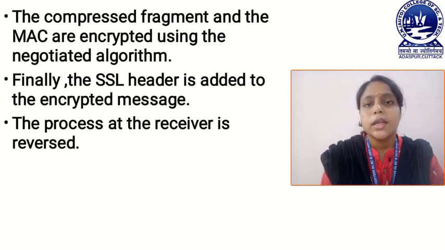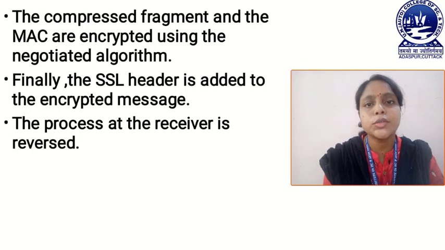Which means in this record protocol, first it takes the message from the upper layer. After that this message is compressed and fragmented. After compression a MAC value is added, and this MAC value and the fragmented message both are encrypted using some algorithm. After that the SSL header is added to that encrypted message.